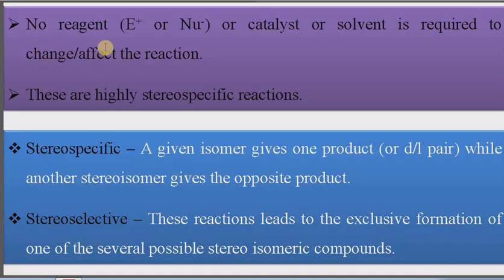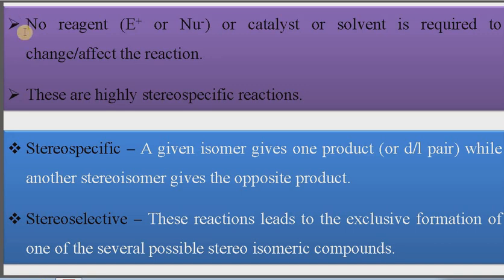Number 4, no reagent, that is electrophile or nucleophile or catalyst or solvent, is required to change or affect the reaction. Means we need only two conditions, that is thermal and photochemical. Except this, there is no requirement of any reagent or catalyst or solvent. These are highly stereospecific reactions.